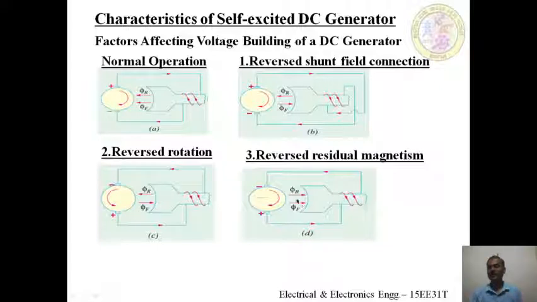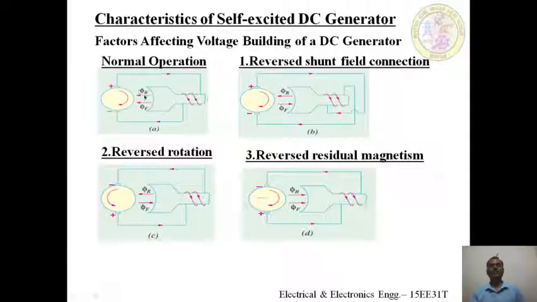So here both residual flux and field flux are in the same direction, that is, in the opposite direction of the normal operation. But they aid each other, though they are in reverse direction. In this case, the generator will build up the voltage in reverse direction.